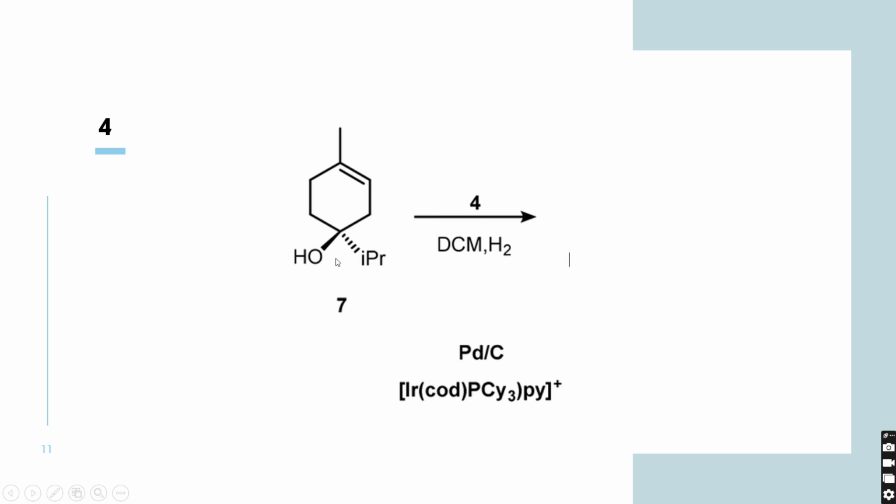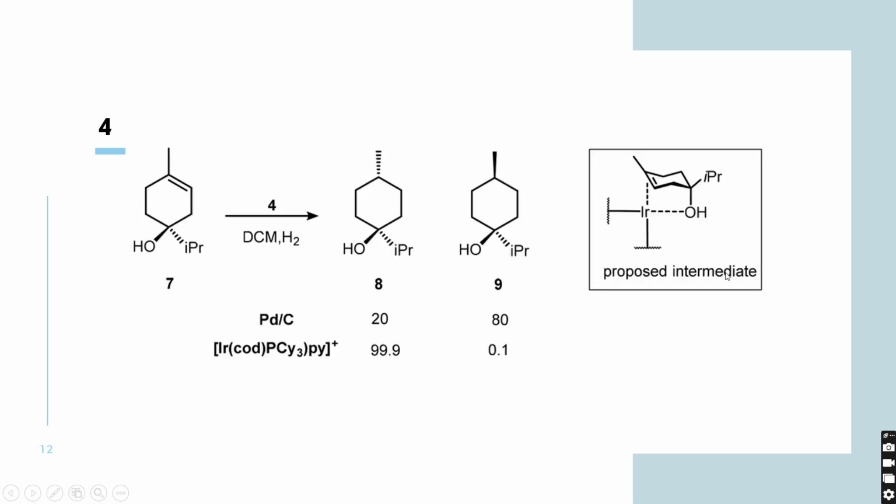Then we moved to the treatment of this substrate with palladium carbon condition and with Crabtree catalyst, and we saw that selectivity of the yields were different, because in case of Crabtree catalyst, the alcohol functionality was binding to the metal surface.